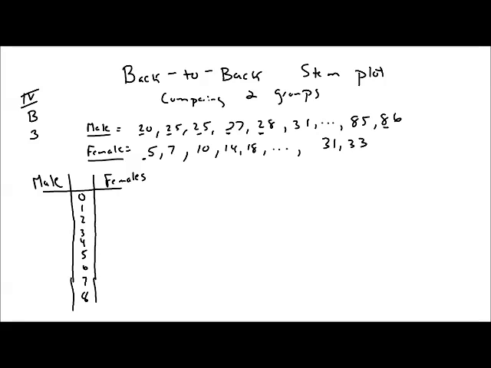And males starts off with 20. So 20 is right here, 2, 0. And I have 25, and I go least to greatest inside out. 25, 27, 28, 31, 33, 34, 36, 37, 44.